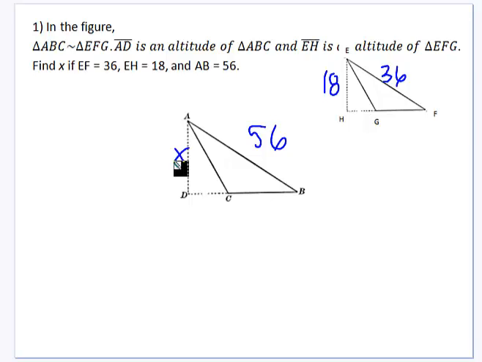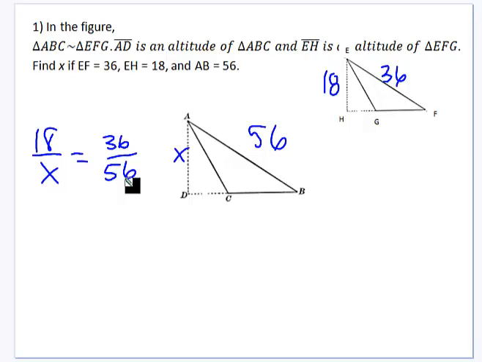All right, so what type of proportion can I set up here to solve for X? Okay, so 18 over X equals 36 over 56. Are there other ways you could set this up?